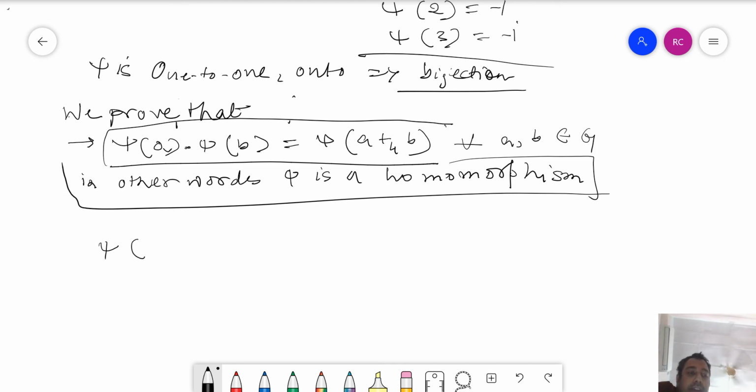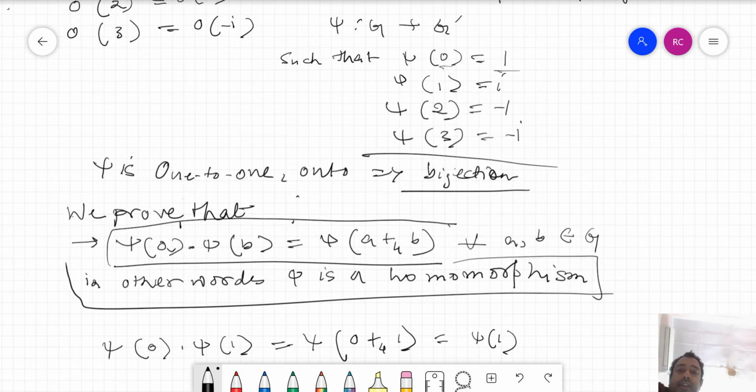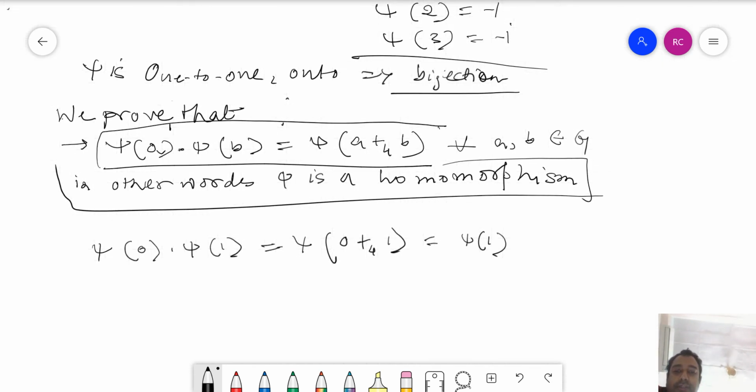So let's see, phi of 0 into phi of 1 is phi of 0 plus modulo 4 1, which is phi of 1. And what is phi of 1? It is i.